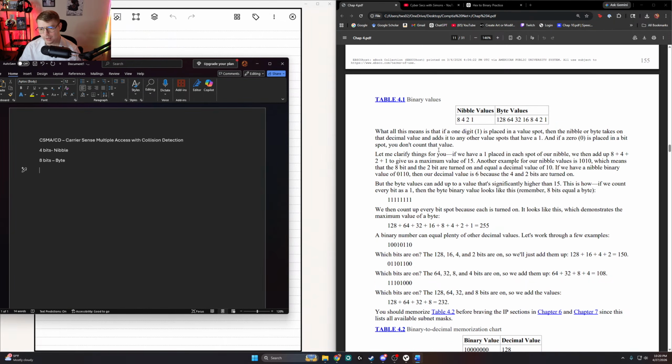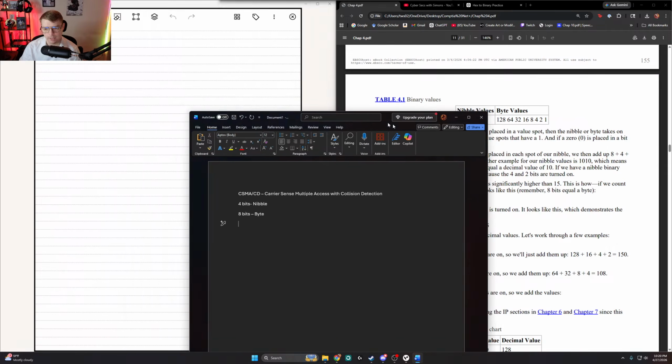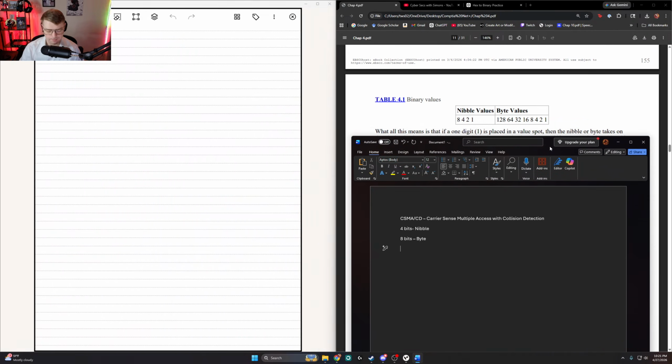So table 4.1, binary values. So we have nibble values, and then we have byte values. That's something we're going to write down over here. All right. So remember, we have our nibble, which can have 4 bits. So the values of those bits can be 8, 4, 2, and 1.